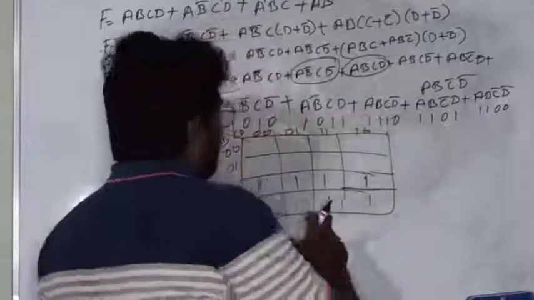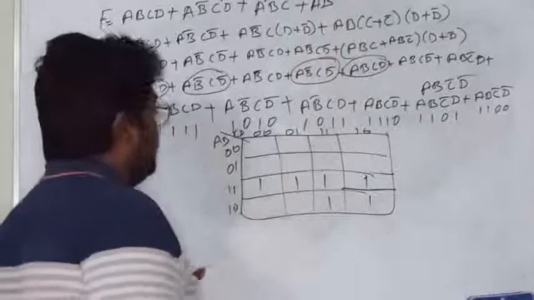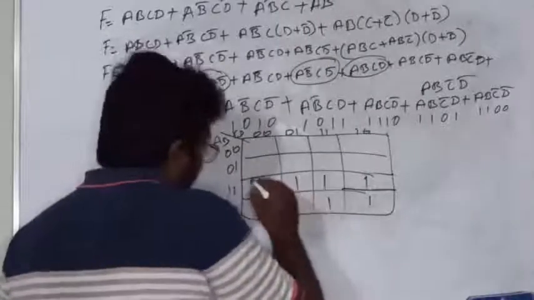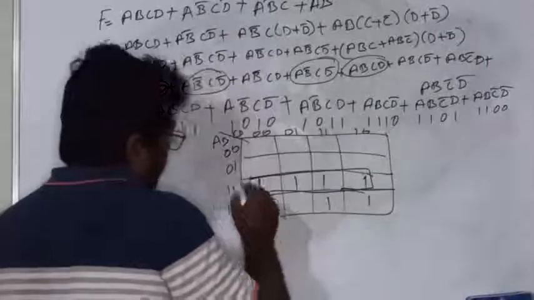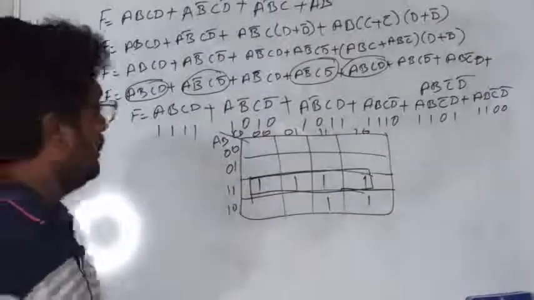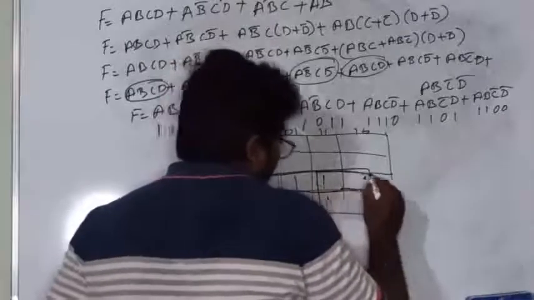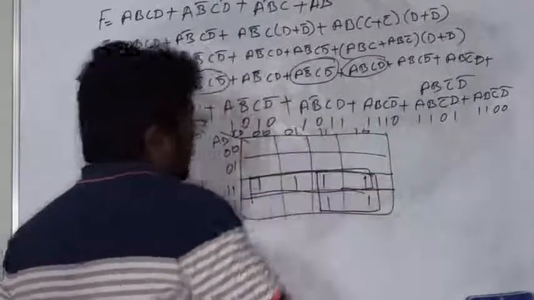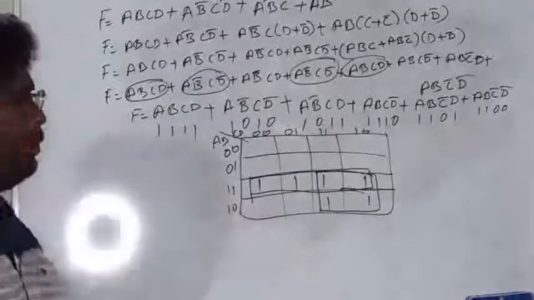Now we need to group these squares, right? If you observe here, we can form one quad, and also we can form one more quad here. So here we are having 2 quads, right?